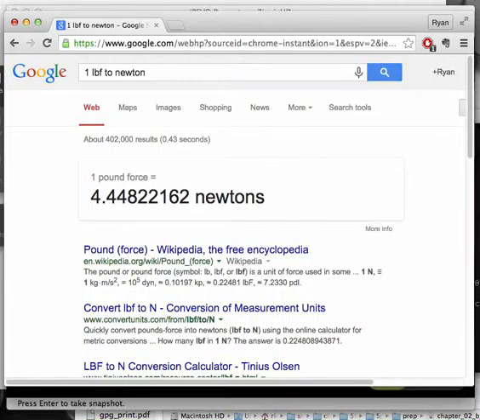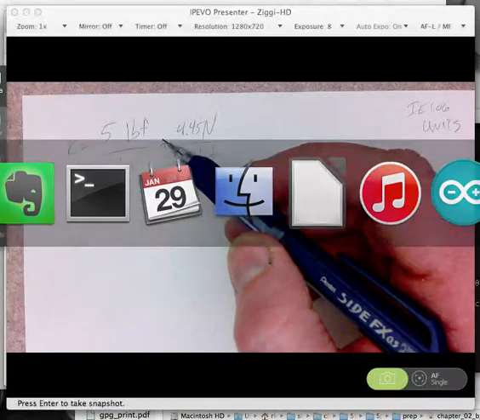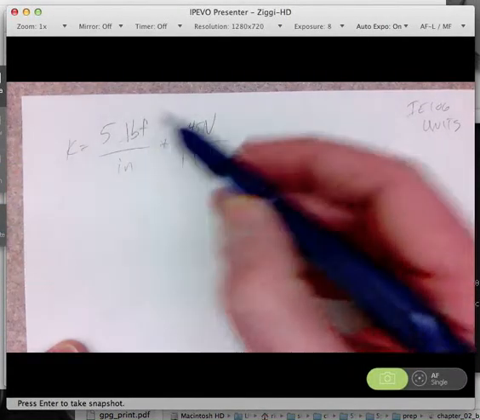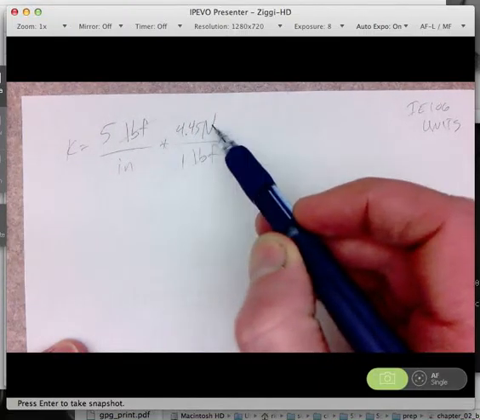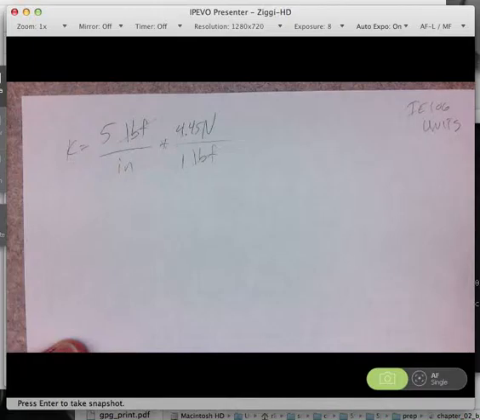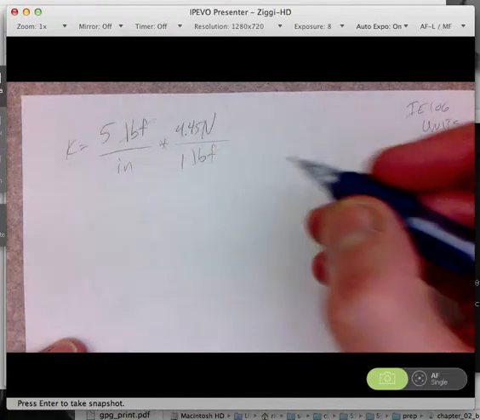And so, because this is a fraction, the LBF would now cancel with the LBF down here. So if I took 5 times 4.45, I'd have newtons per inch, which gets me halfway to SI units, but I want to get to meters.